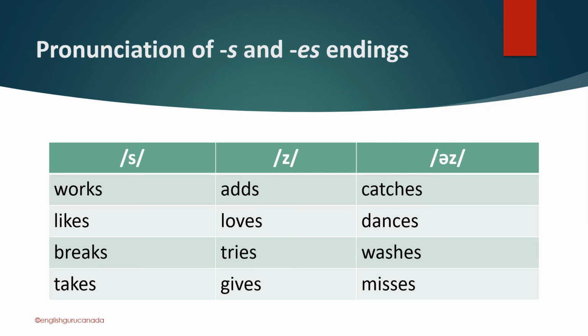So for example, I have here three columns, and you have the words in each column. But how would you know which sound to pronounce? Whether you're going to pronounce the S sound or the Z sound or the uz sound.